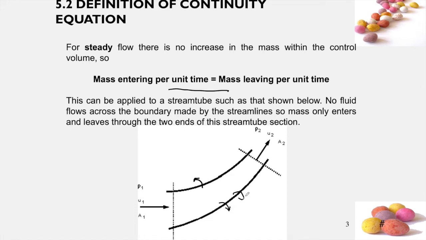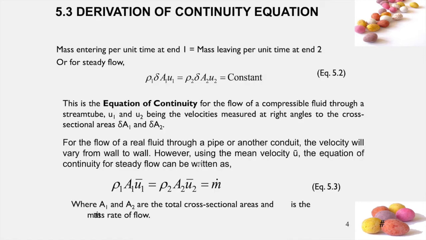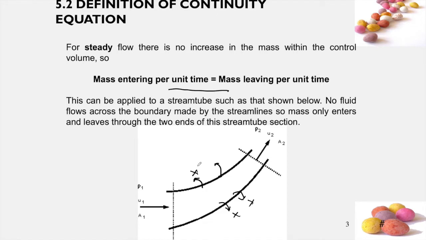So how can we derive the continuity equation from this stream tube? We know that mass entering per unit time at N1 equals mass leaving per unit time at N2. We consider that the flow in this stream tube is steady.